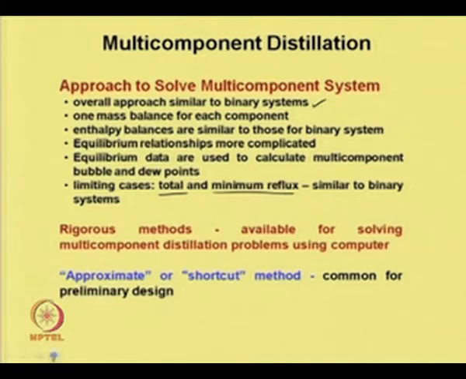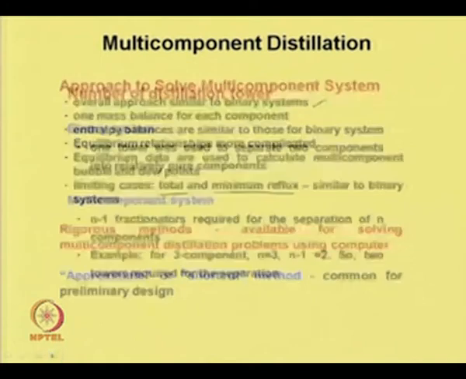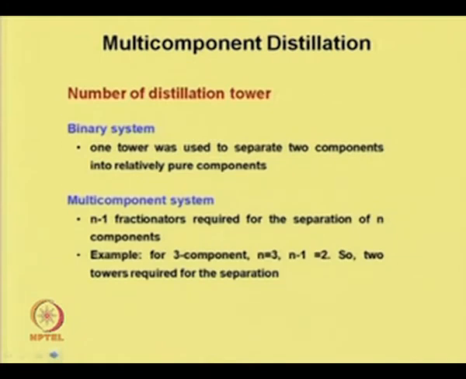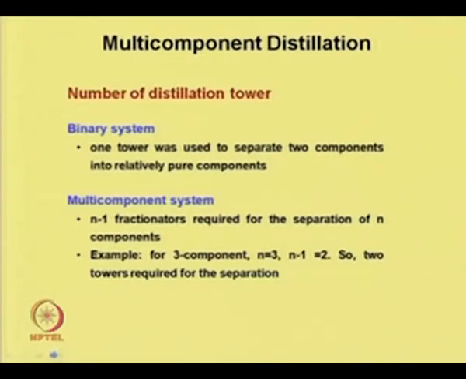Today we will discuss some of the shortcut methods, how to calculate the number of plates required to get a desired separation. In this case, we will consider how many towers are required for multi-component systems. As we have seen, for a binary system, one tower is used to separate 2 components into relatively pure components.